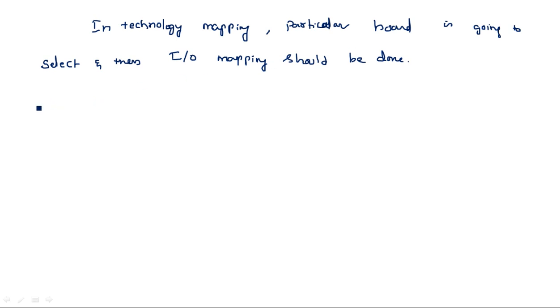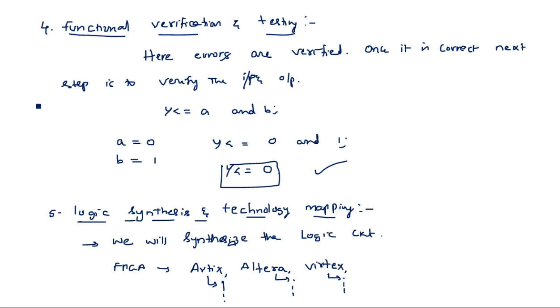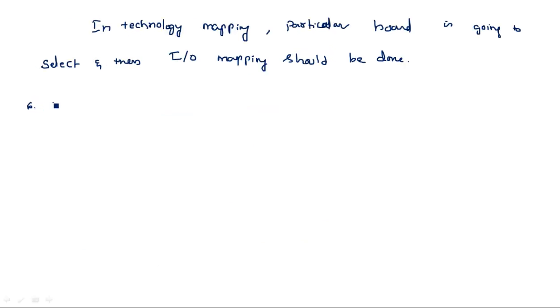So next, what is the next step? Sixth one is the technology netlist. Once the technology mapping and IO mapping are done, then the netlist will be generated.